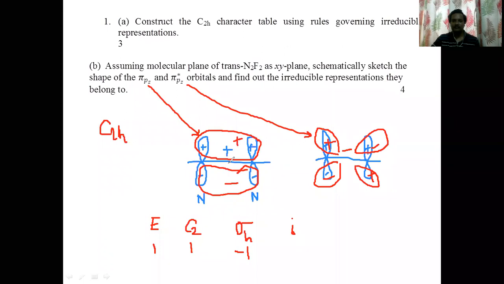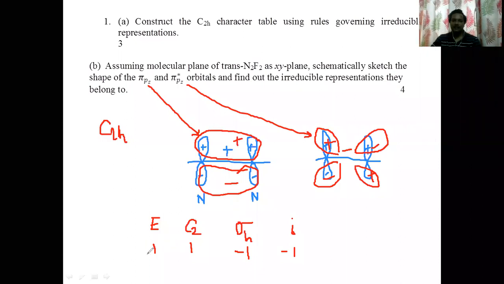If I go from one side to the other side, invert it, that is also going to be -1. So what is the irreducible representation then?